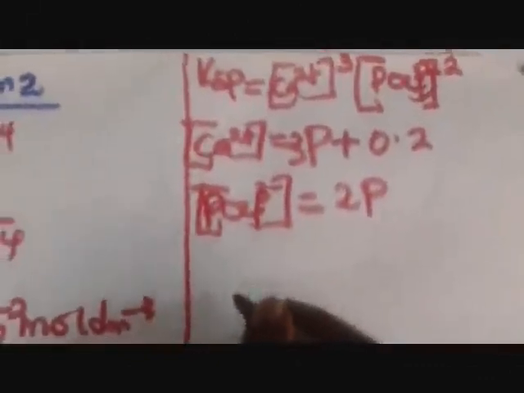Now from there, remember we are saying that the soluble salt is adding some calcium ions. Don't forget, the calcium ions from the soluble salt are 0.2. So before we substitute here, we bring the other assumption.